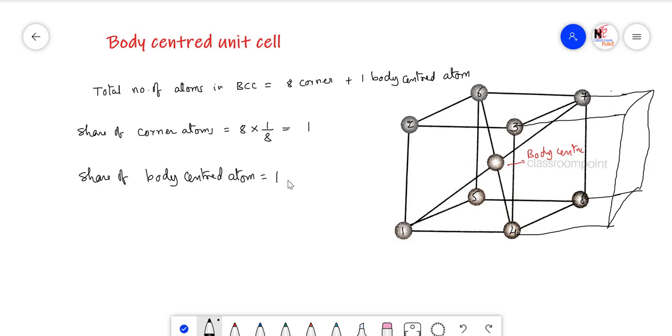So 1 into 1 means 100% belongs to that one unit cell only. From the body center, 1 atom. Totally 2 atoms per unit cell.